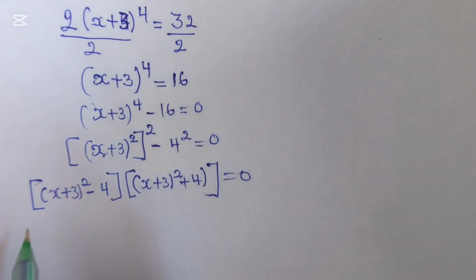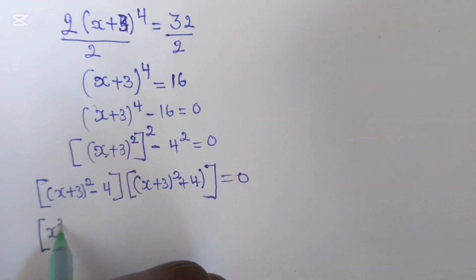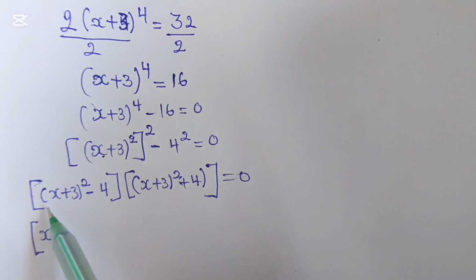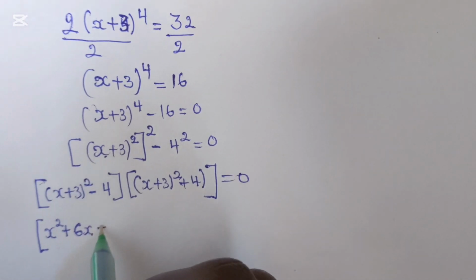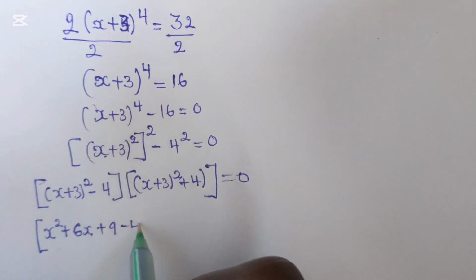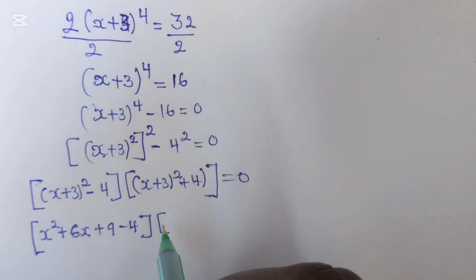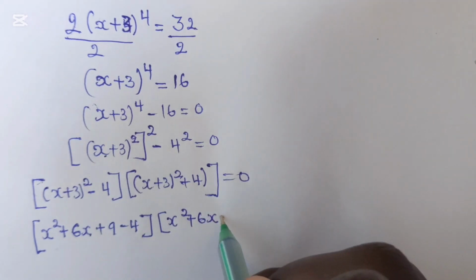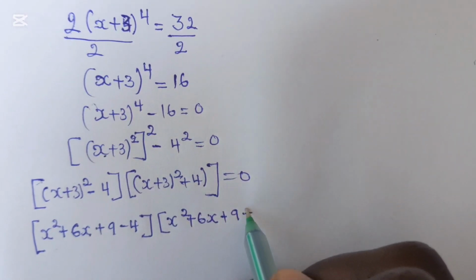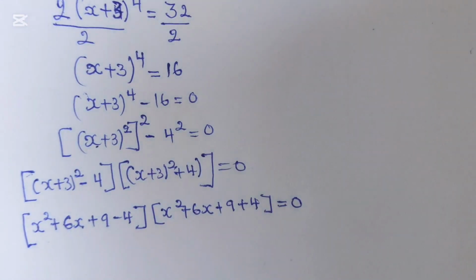So this will provide x squared plus 2ab, which gives 6x plus 9, then minus 4 here, times, because these are the same, x squared plus 6x plus 9 plus 4 to be equal to 0.